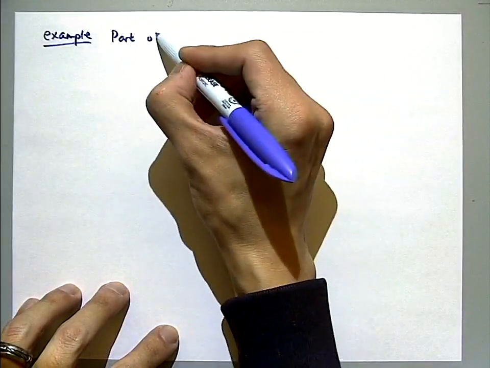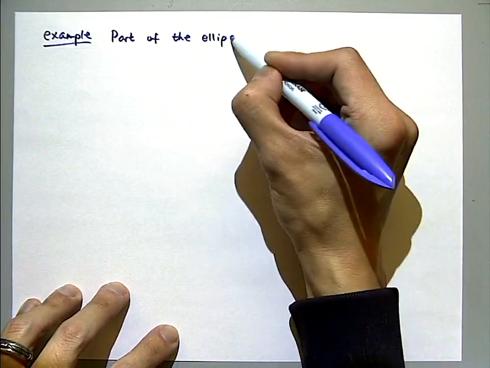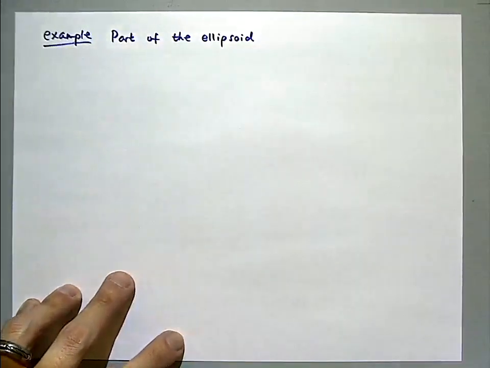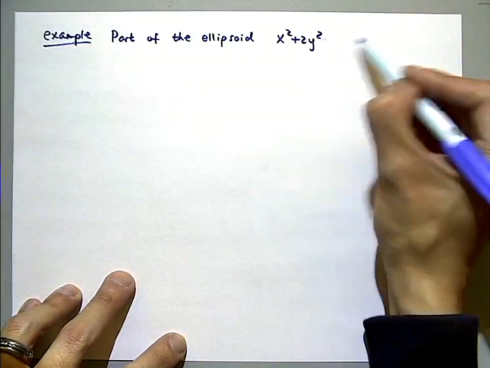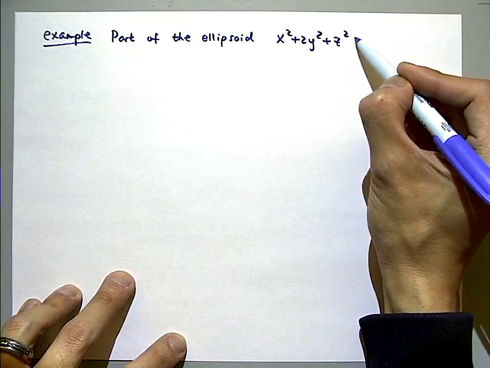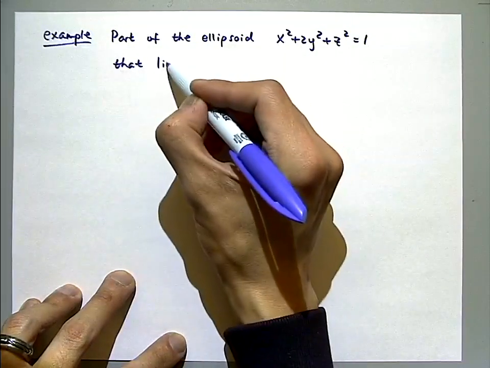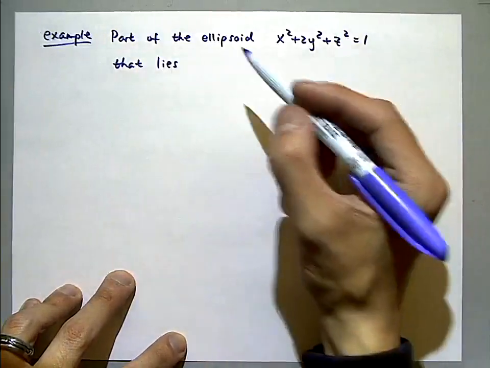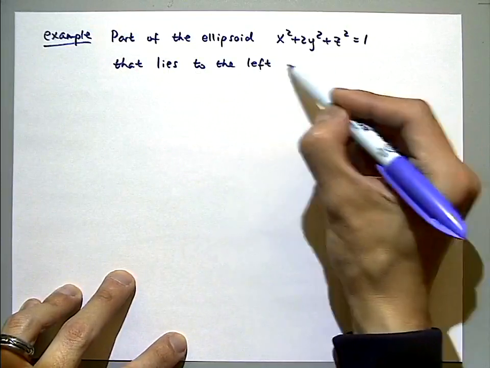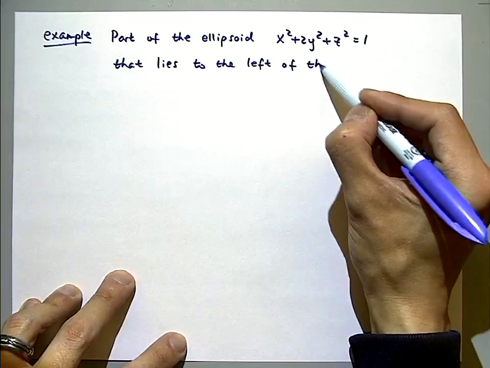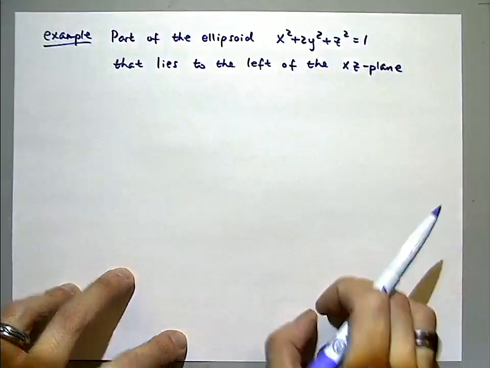Let's try part of the ellipsoid. X squared plus 2y squared plus 3z squared equal to 1, that lies to the left of the xz plane.